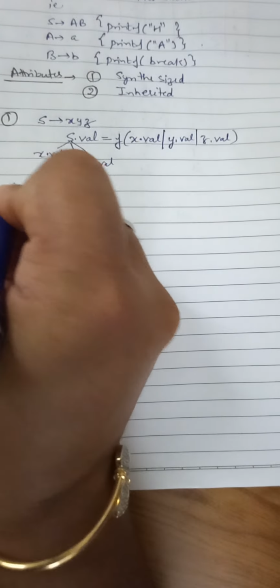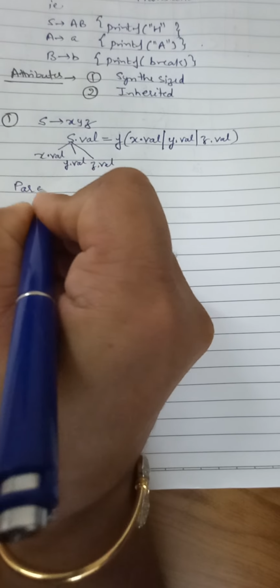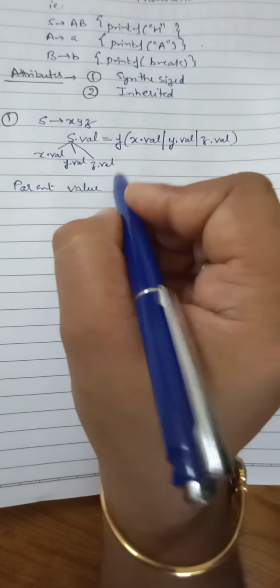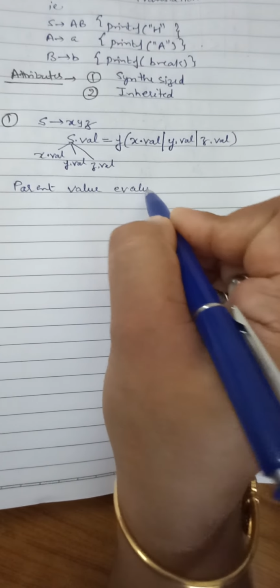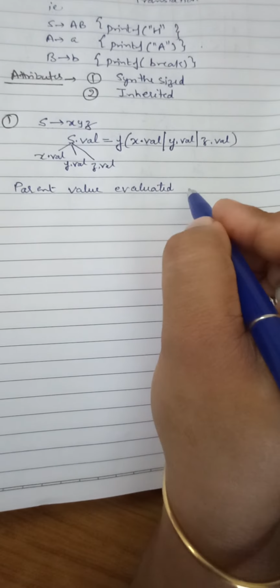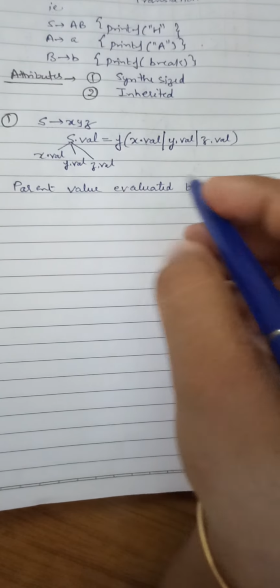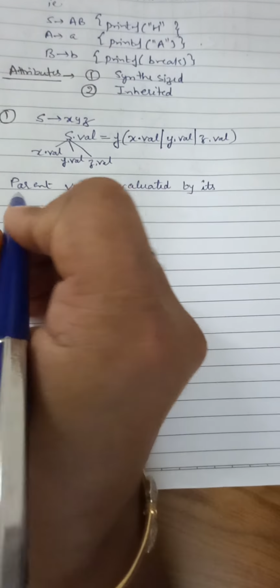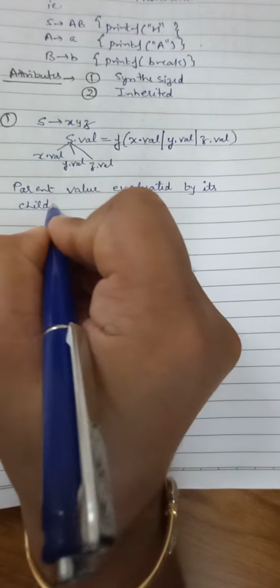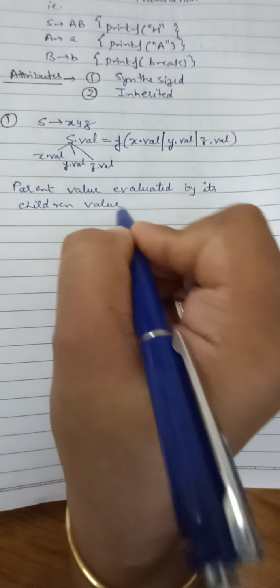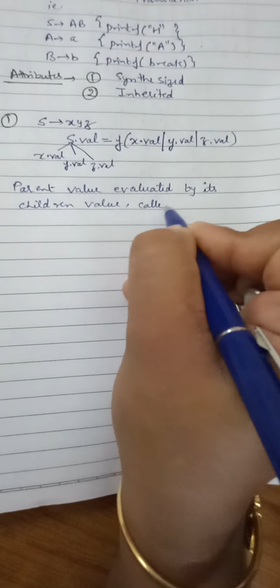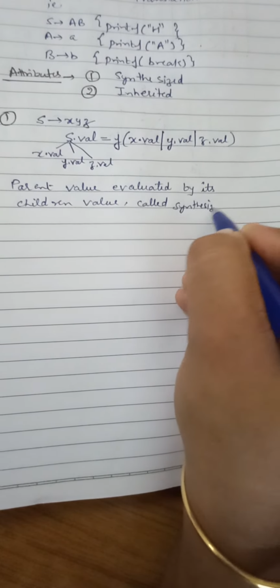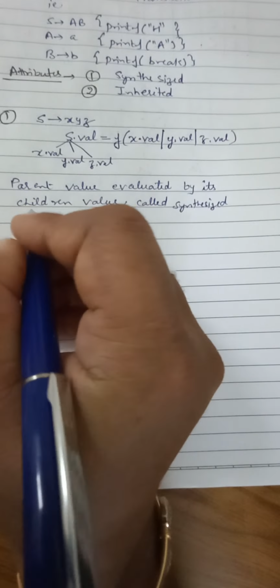So we can say the parent value is evaluated by its children value, and this is called a synthesized attribute.